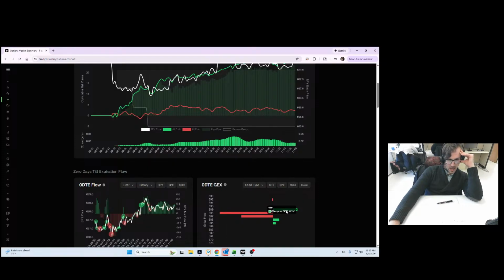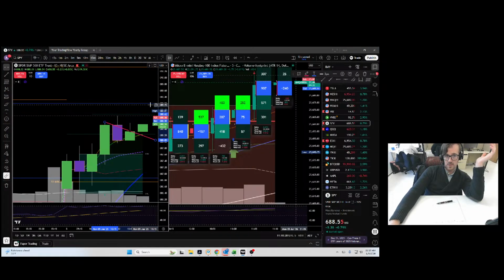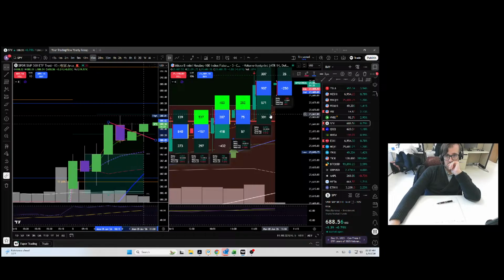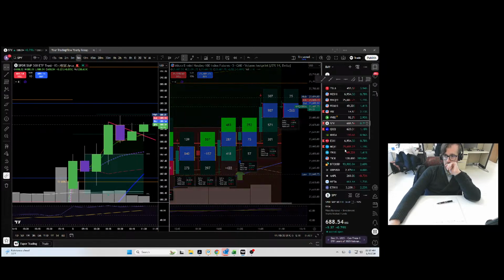Yeah, if it goes past this, I mean, we could go to 692. If it goes past 689. So what I would do, I mean, this looks like it's almost there, right? Let's look here. SPY.